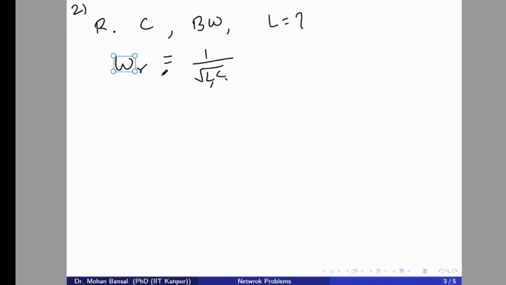Omega R can be computed as the center frequency of the high frequency and low frequency. So omega R is 2 pi into (FH minus FL) divided by 2.